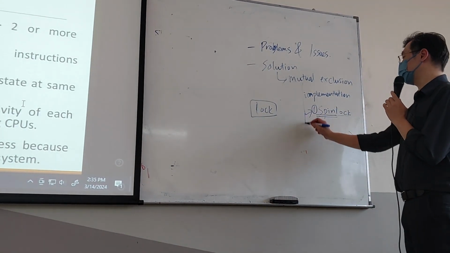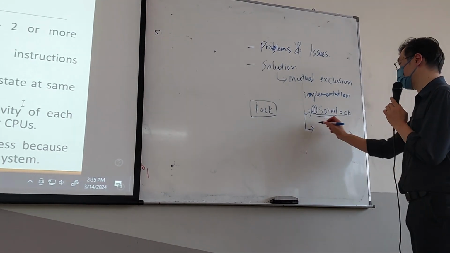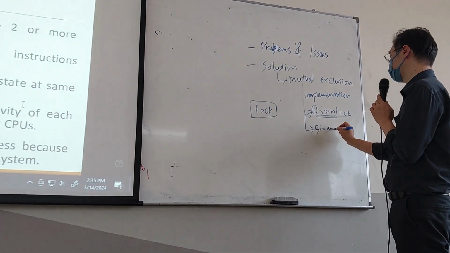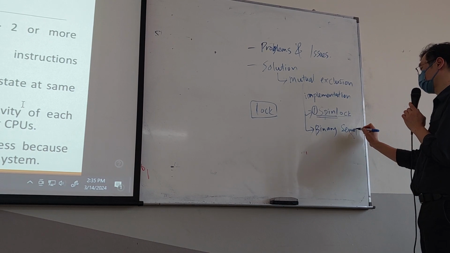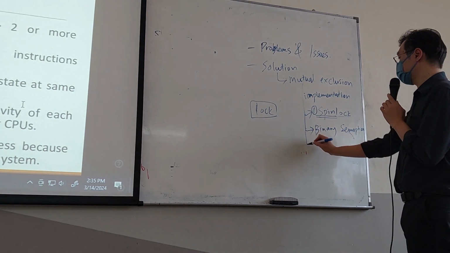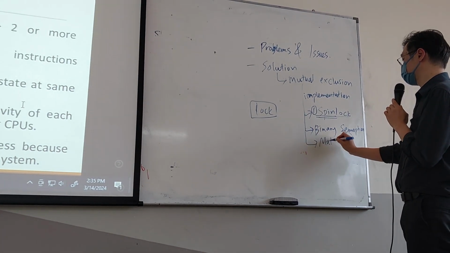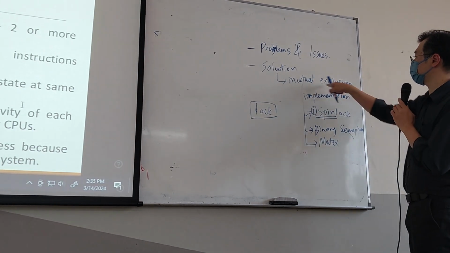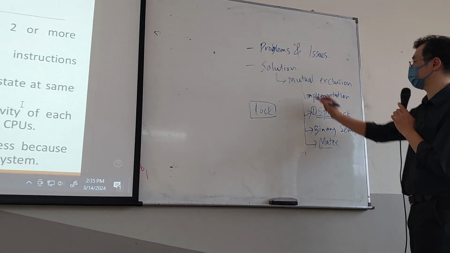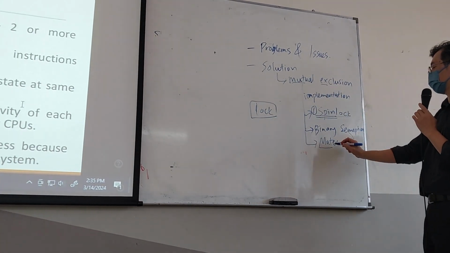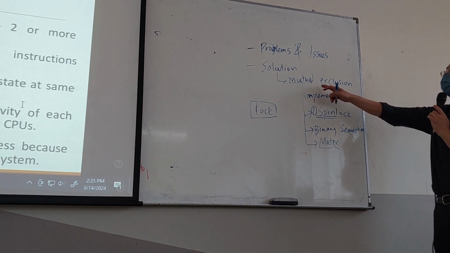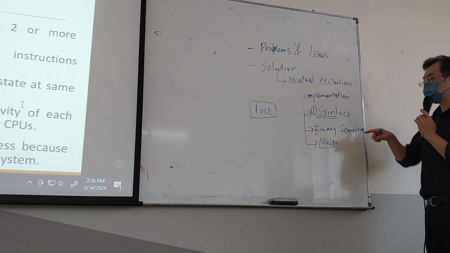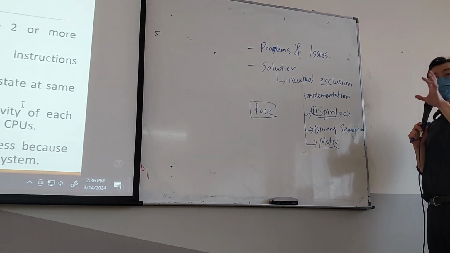Then we're going to talk a little bit about maybe binary semaphore, and then I'm going to talk about mutex. It's something to do with this mutual exclusion. You can see here, mutex: mute, and this X here. Now, mutual exclusion is a technique. Mutex is an object.